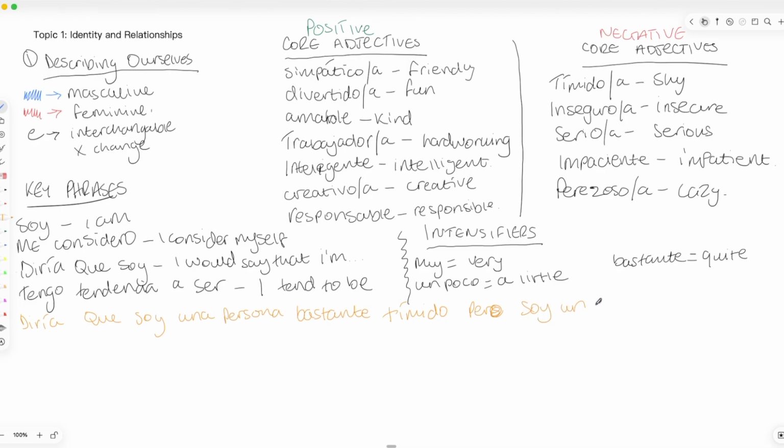Soy un poco, I don't know, divertido. También. Okay, so I would say that I'm quite a timid person, but I am also fun. Okay, so you can see how we can mix the vocab to create different sentences.